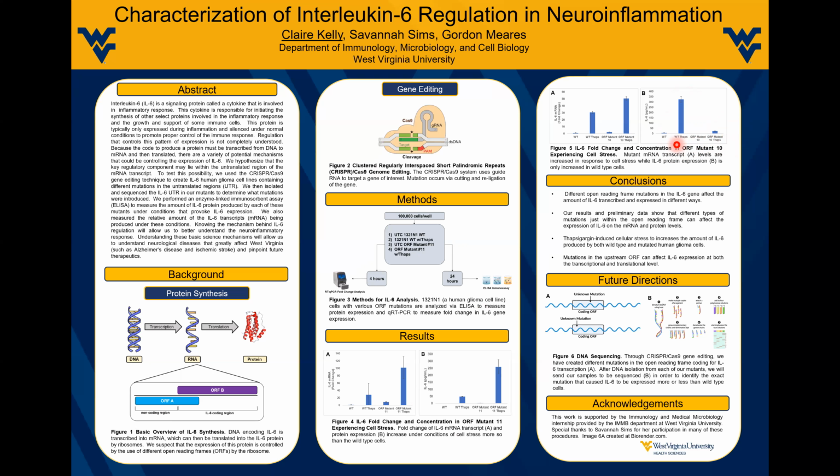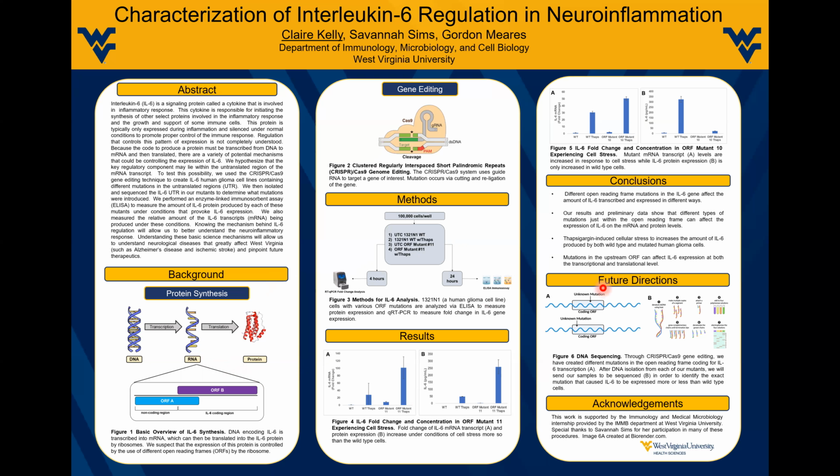So this possibly shows us that this particular mutant is controlling IL-6 production at the translational step. There's a lot of mRNA being produced, and somewhere along the way, it's not all getting translated into protein.